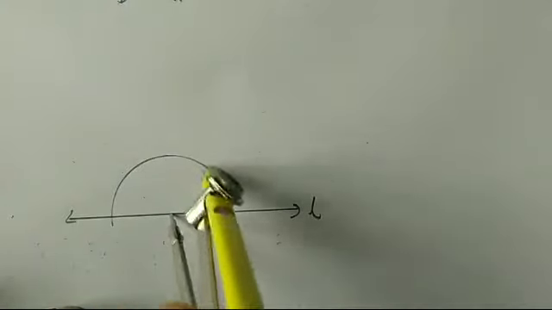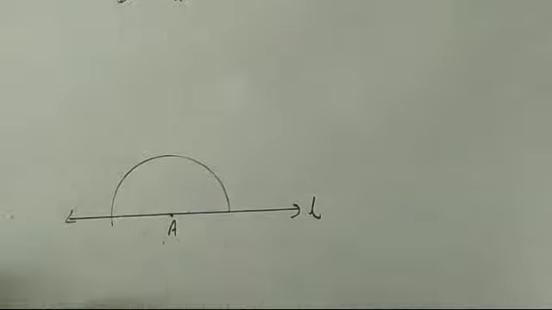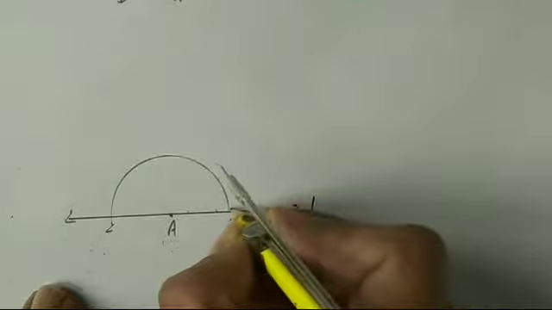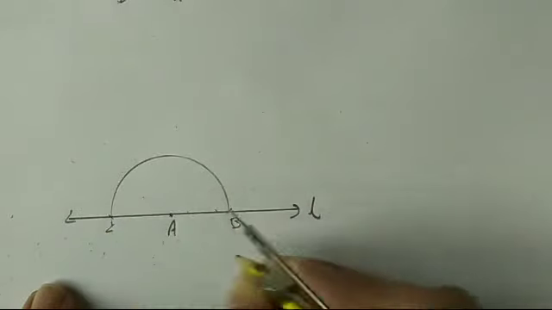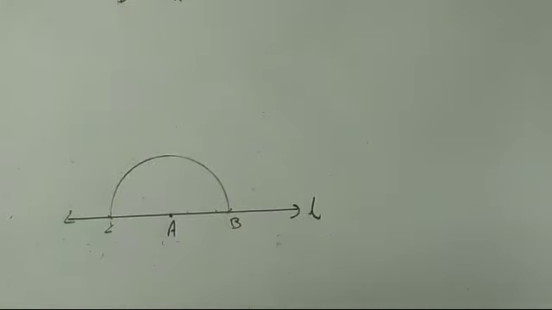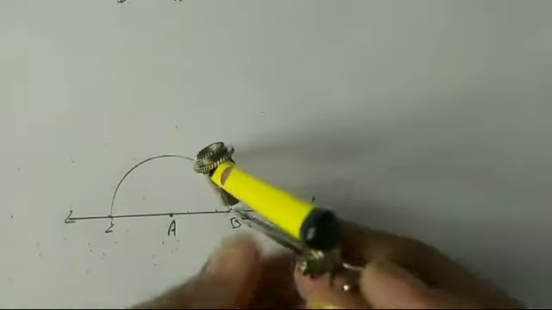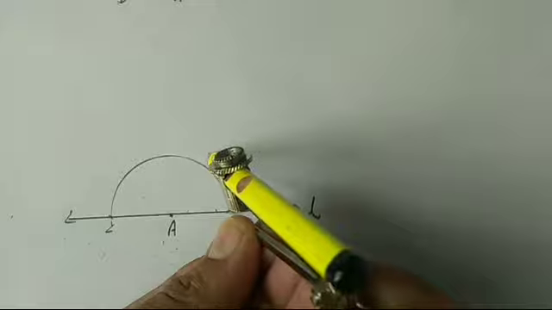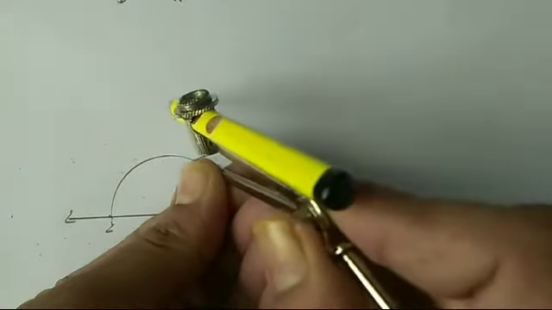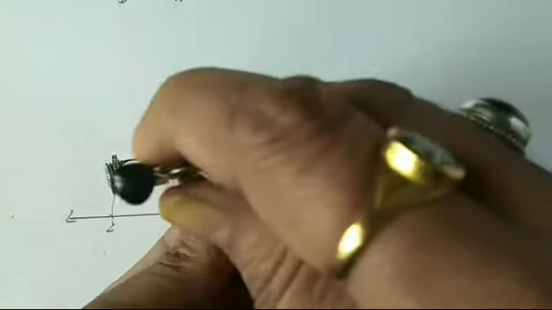We get 2 points here, this is point B and this is point C, where the arc intersects line L. Now with the same radius, we will cut an arc on this semicircle.